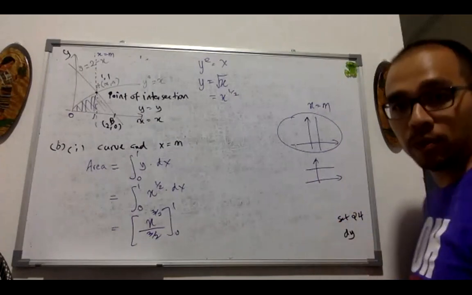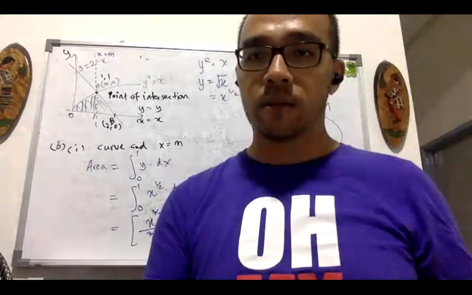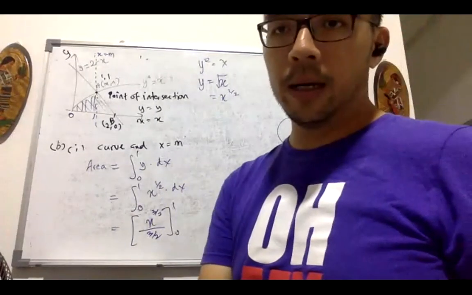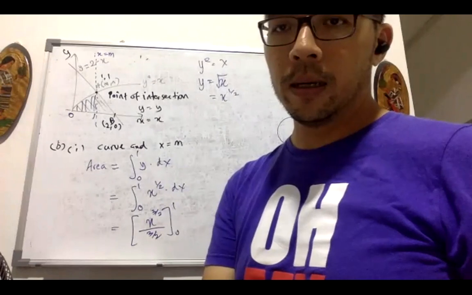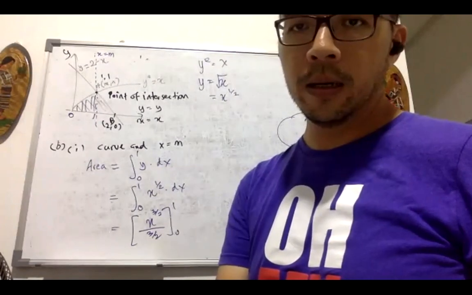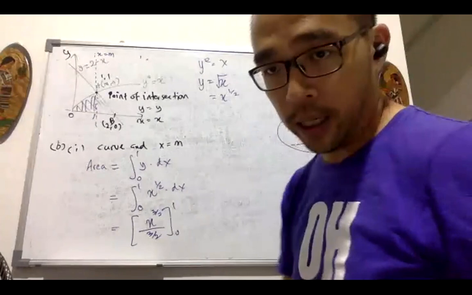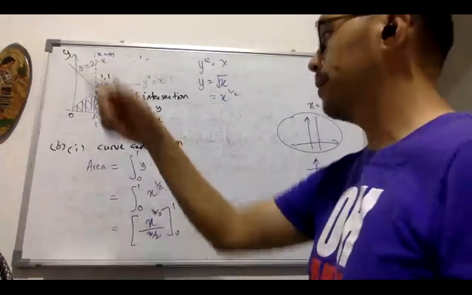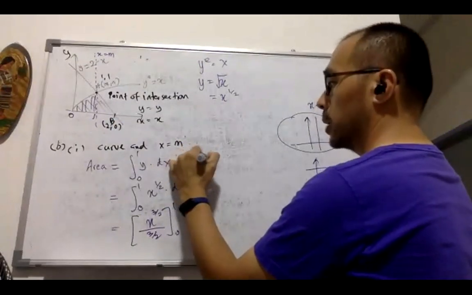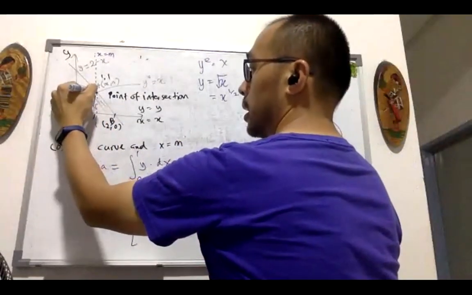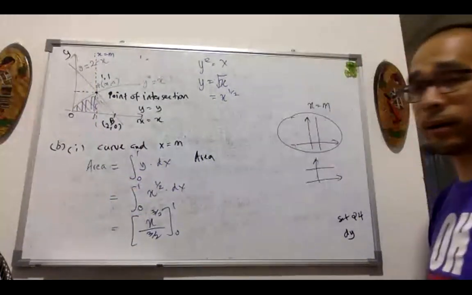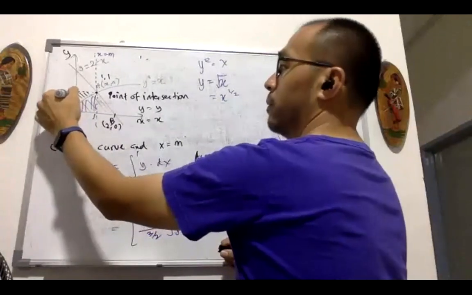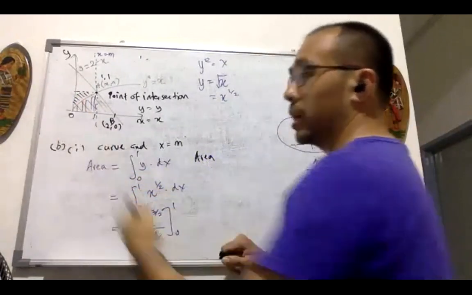Then Shami asked me whether it's dy. Thanks for the question. First of all, Shami asked me whether I can use dy. If I use dy, it's double the work, because I'll be finding this area, so I find the square minus this area and I will get the same answer.